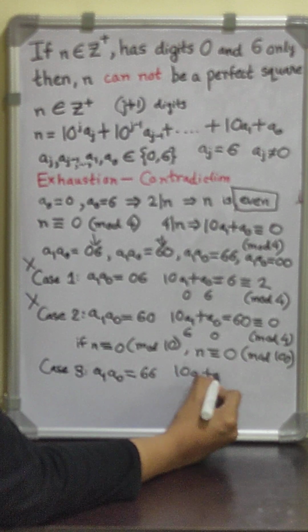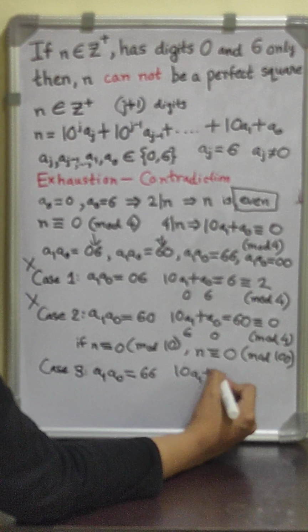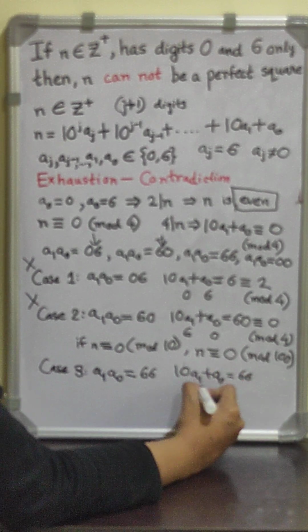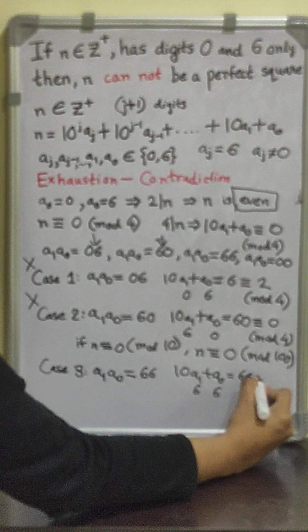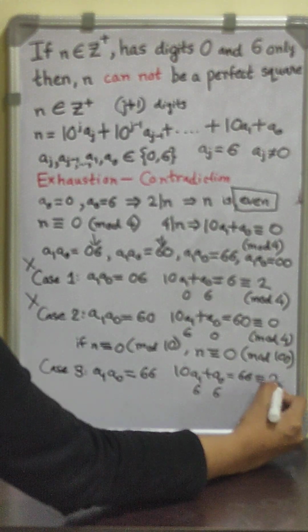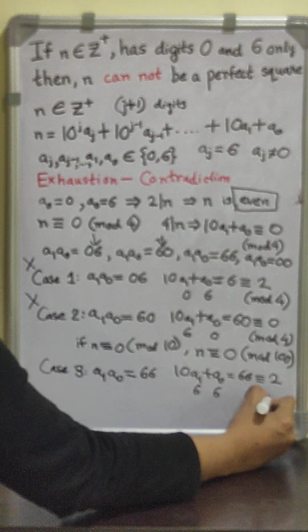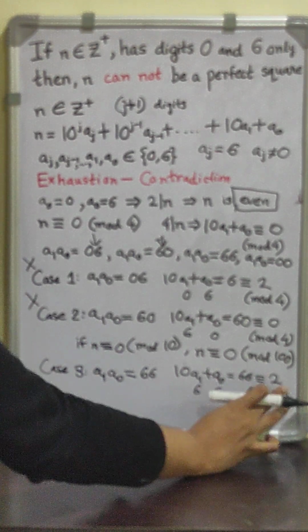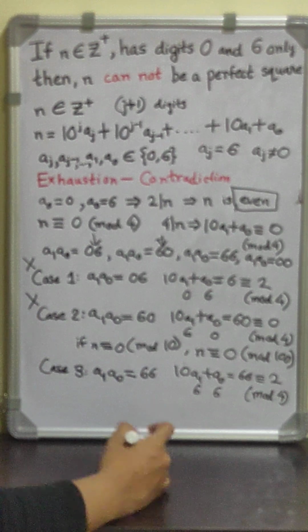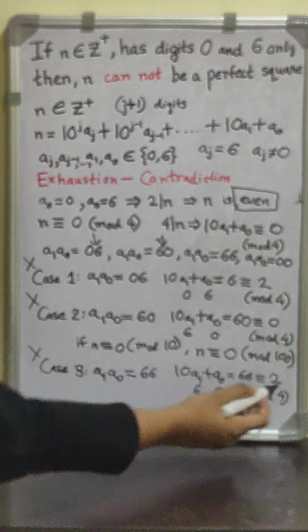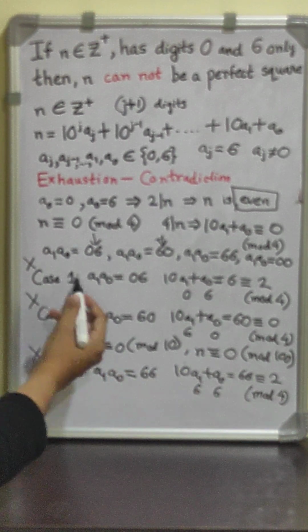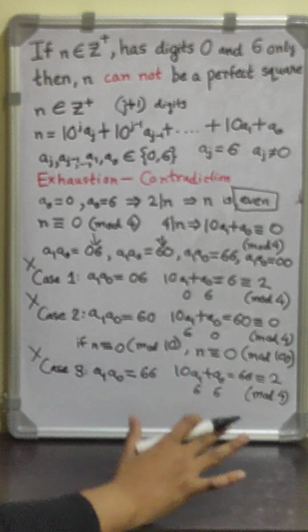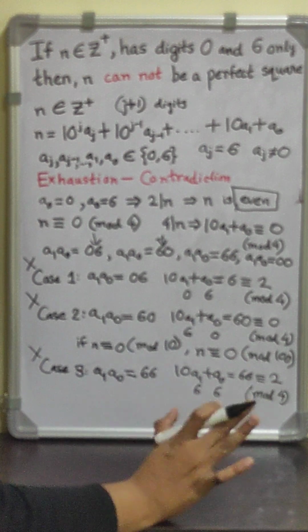And once again, I don't really need to keep writing this, but I'm doing this for clarity, just being a bit more descriptive so that there is no confusion. 64 is a multiple of 4, so 66 leaves a remainder of 2. Clearly this is not a perfect square, it's not even divisible by 4, it's just like case 1 here. So the ones ending with 6 are directly not possible.